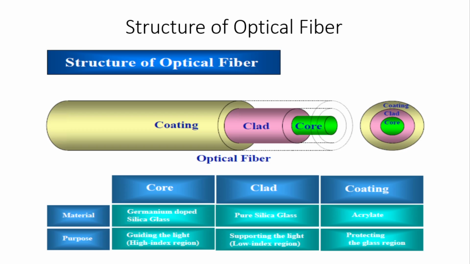Over this there is a coating of the fiber, an acrylate coating, whose purpose is protecting the glass region. So in this way, using all these materials, the optical fiber cable is formed.